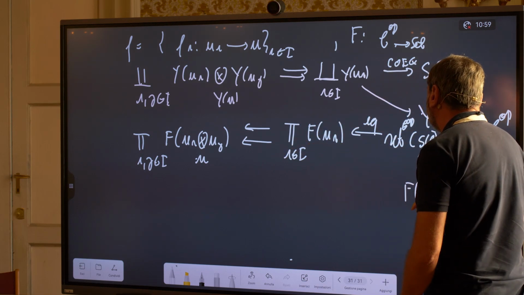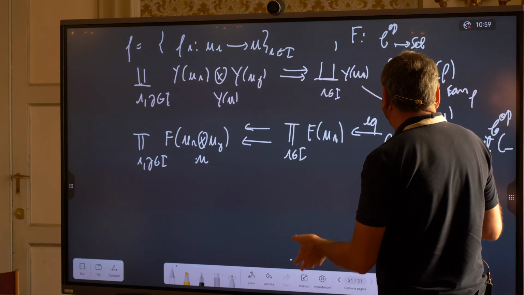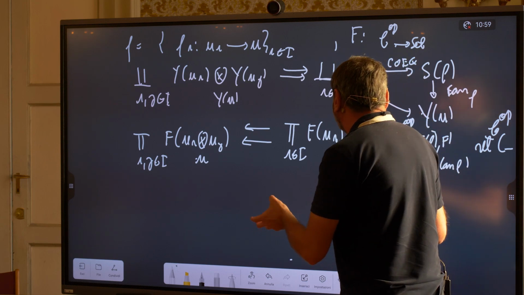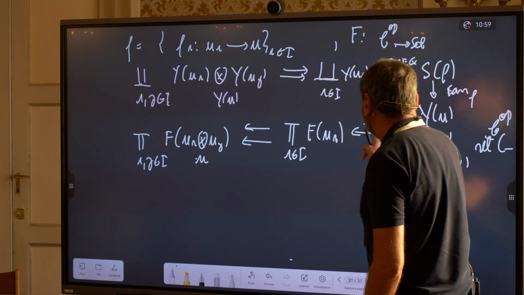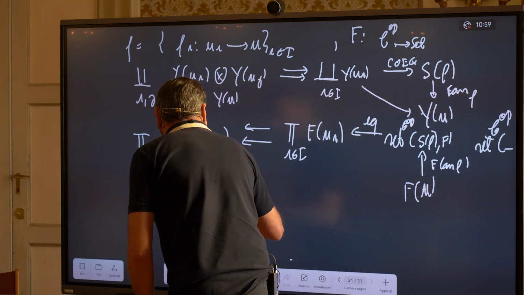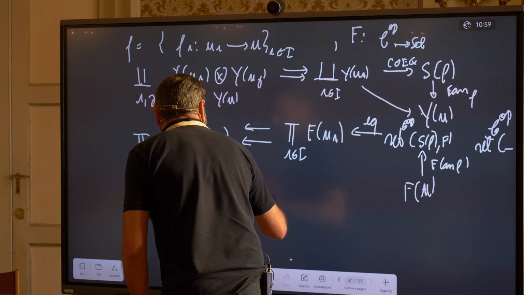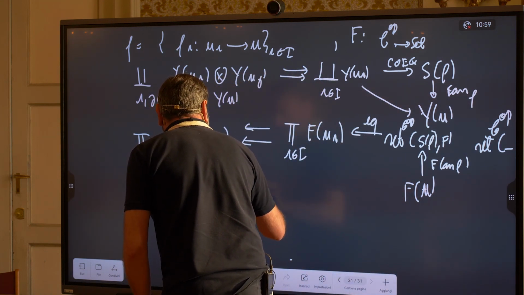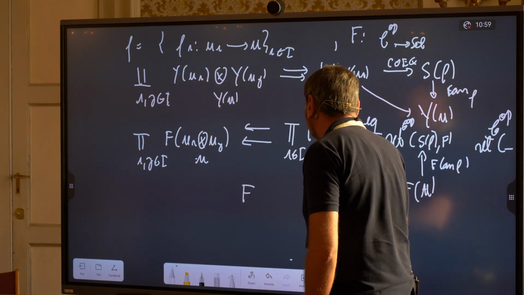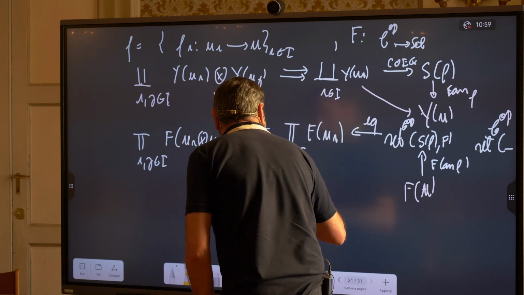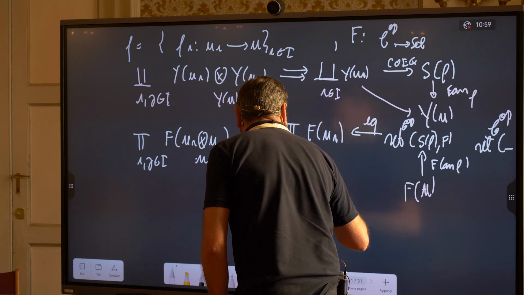Therefore the sheaf condition is the same as saying that a functor, that is an object in this category, is orthogonal to all these morphisms.